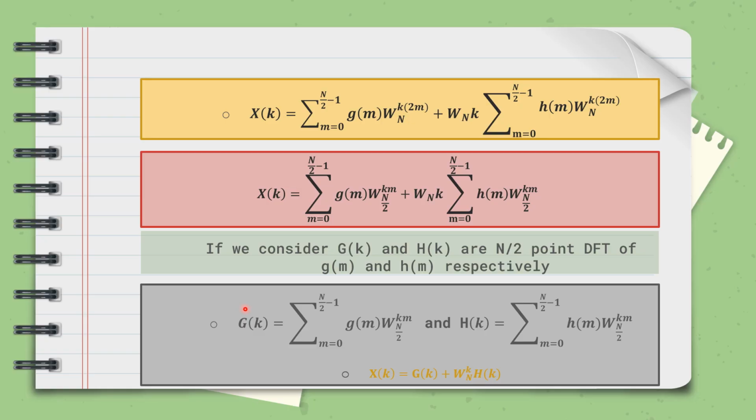So now the equation will become G[k] and H[k] respectively, where basically it is the N over 2 DFT of g[m] and h[m]. So X[k] will become G[k] plus W_N to the power of k H[k].